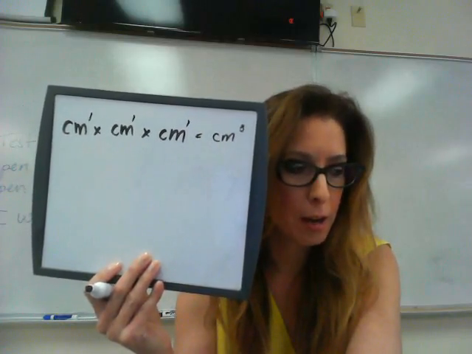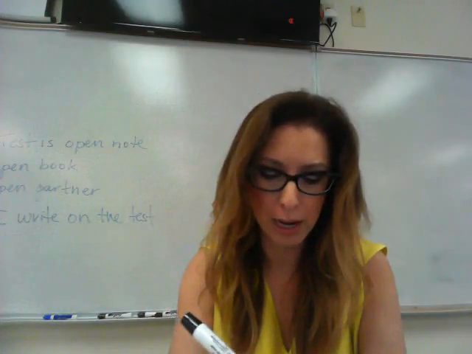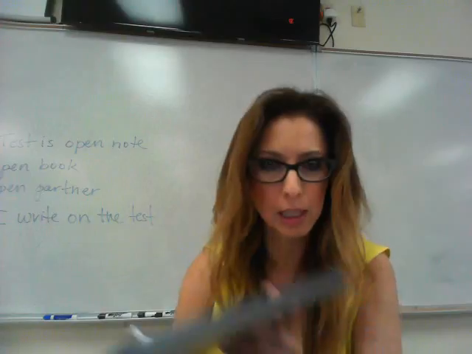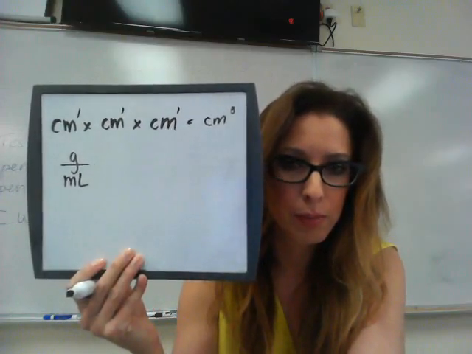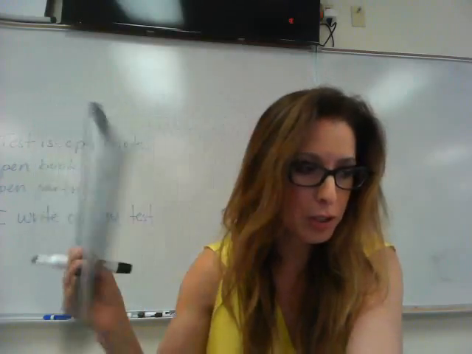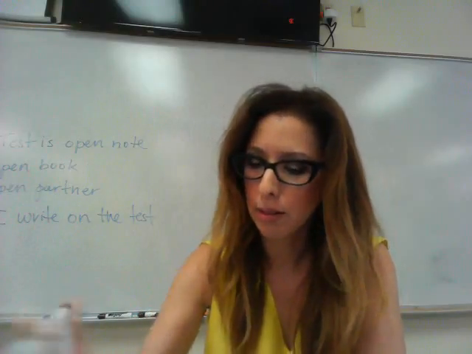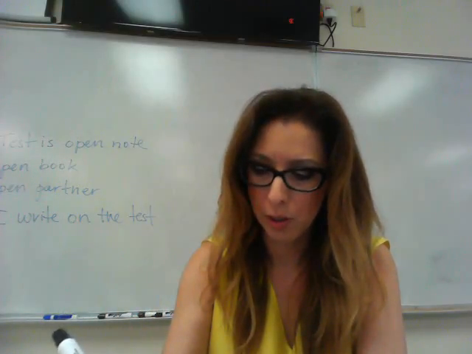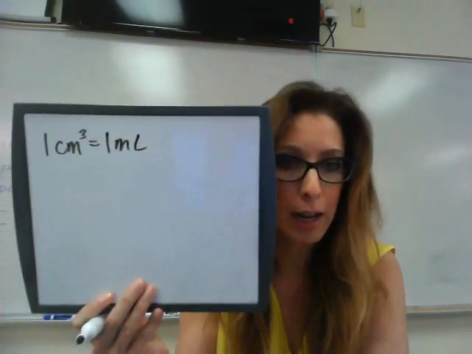If I divide units, like if I take grams and divide them by milliliters, grams per milliliter is also considered a derived unit. Make sure you understand that, and I need you to memorize 1 centimeter cubed equals 1 milliliter. You'll be using that in lab a lot.